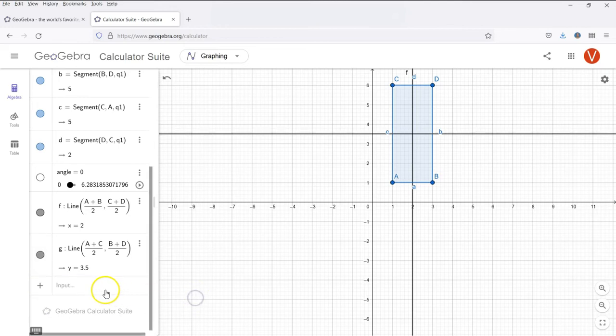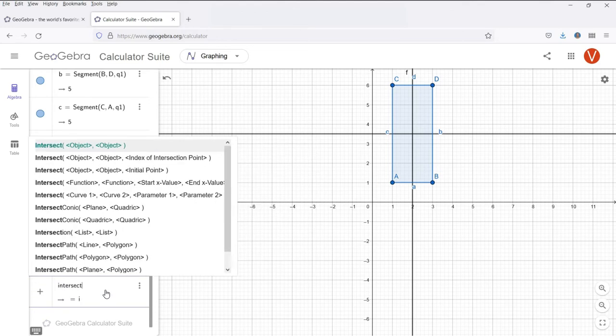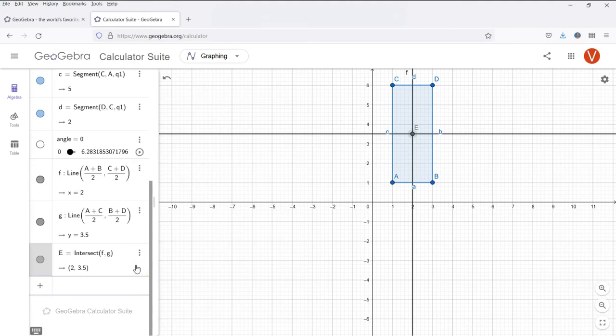And the axis of rotation, in case of flipping, will be these two lines. But in case of rotation, the axis would be the intersection of these two lines, F comma G. So E is going to be the axis of rotation.